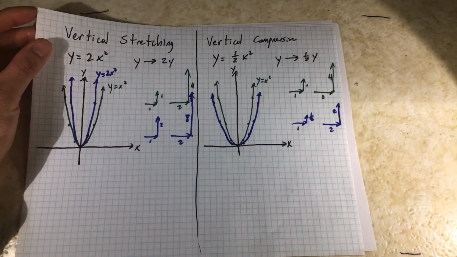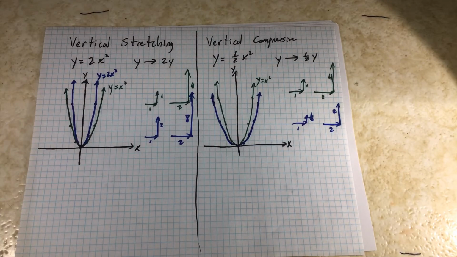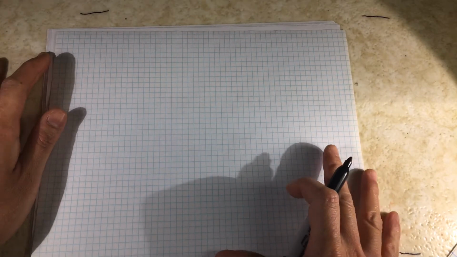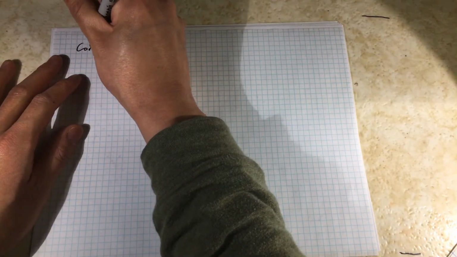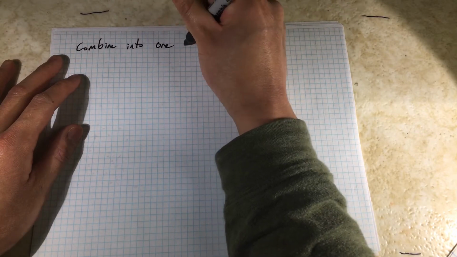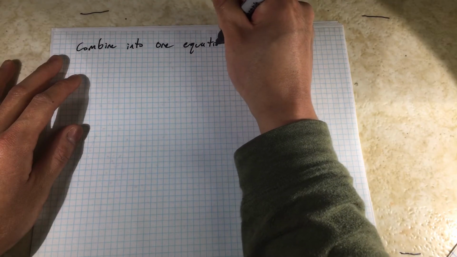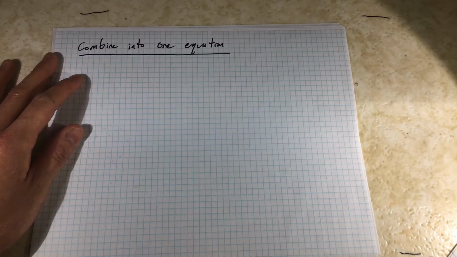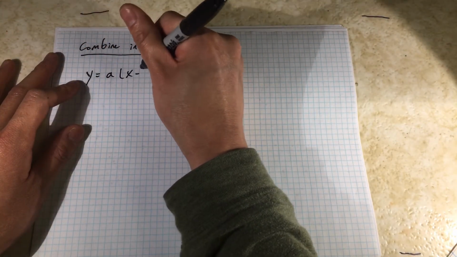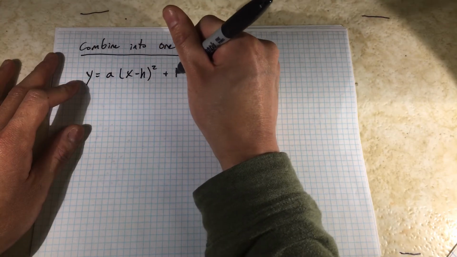So what you can do is take all of those things and put them together into one equation. And that equation is this: y equals a(x minus h) squared plus k.